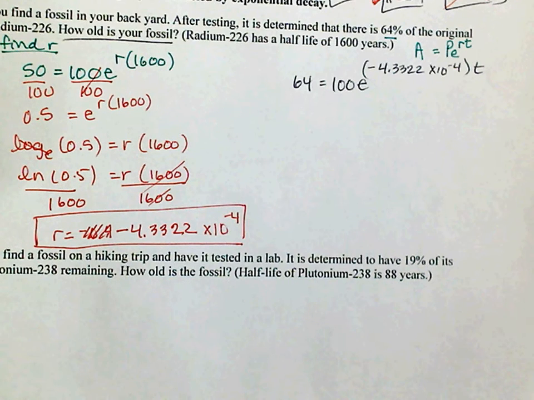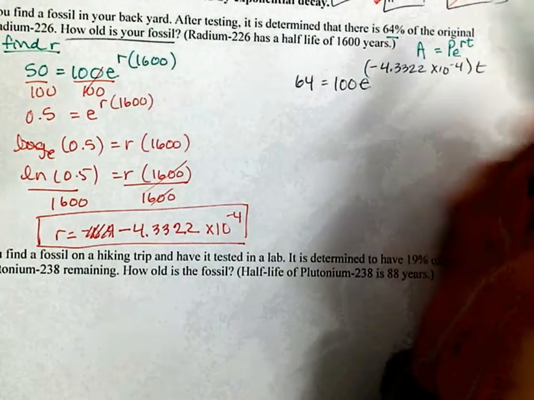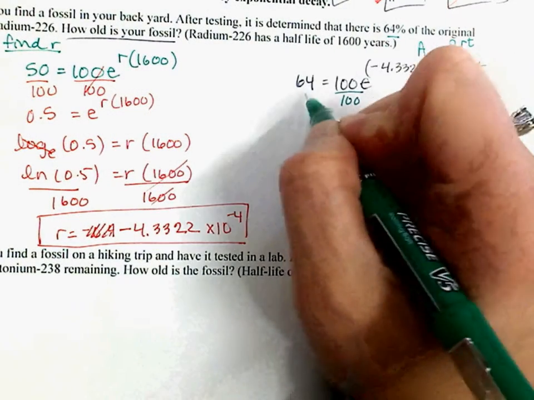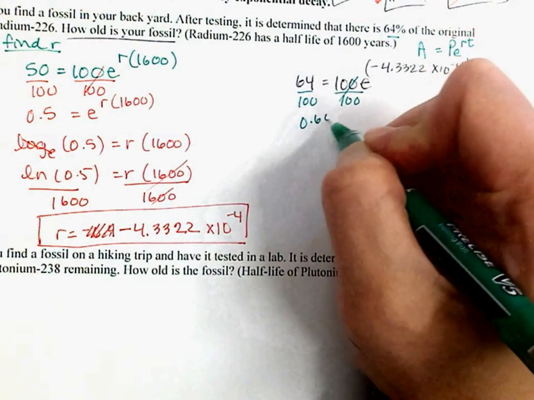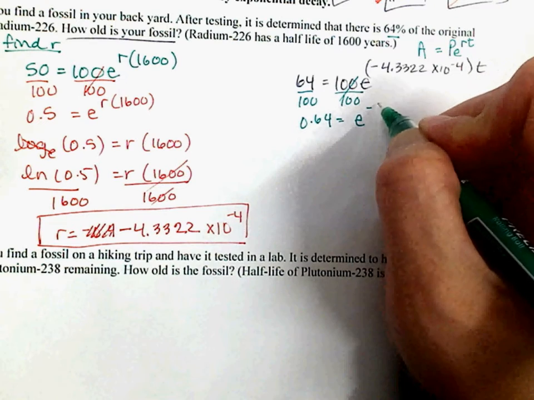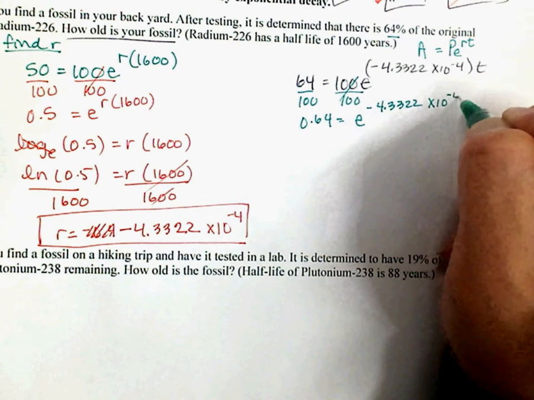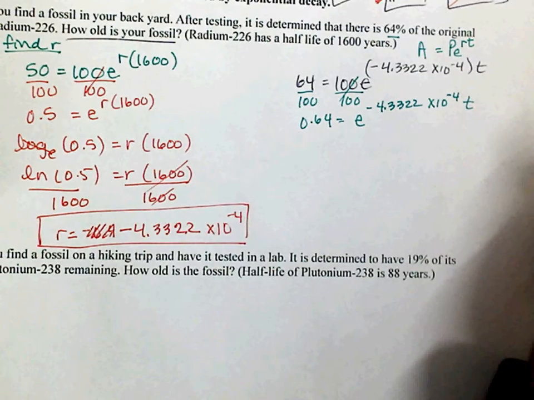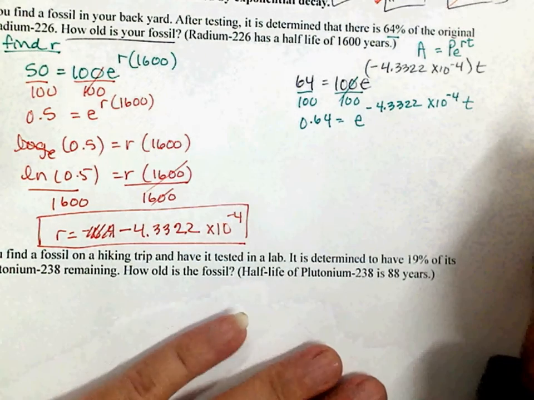You guys ready? So, what are we going to do? Divide by 100, divide by 100. So 0.64 is equal to base E raised to negative 4.3322 times 10 to the negative 4t. T is in exponent position. I need to use the inverse of exponent, so log.